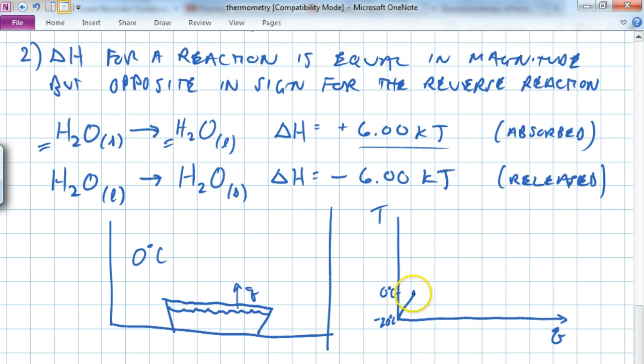Once water gets up to 0, then it will stay at 0 until all the water's frozen, until all the water is, if this is ice and you're heating up the ice, it'll start to melt at 0, and it'll stay at 0 as long as there's some ice present, if it's a well-mixed mixture of liquid and solid water. But then once it's all liquid, it will start to warm up again if you continue to add heat.